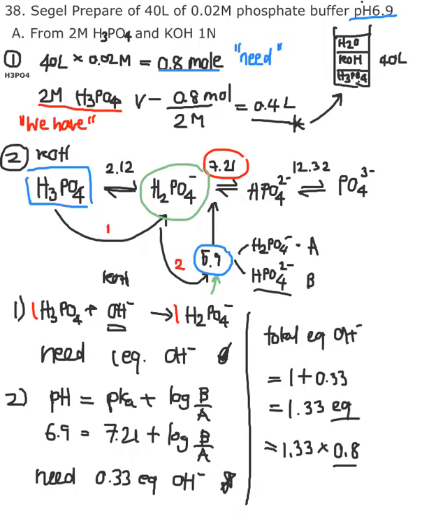So that's why we use 0.8 moles of H3PO4 here, and that will be equal to 1.064 moles. So now we know that the hydroxide that we need is 1.064 moles.